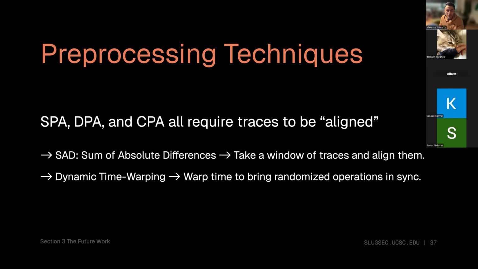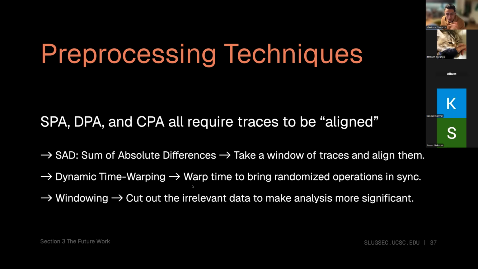In which case, a lot of that data becomes spaced out and it becomes very difficult to align everything together. So what we can do is mathematically warp time such that all the interesting data that we want to analyze is aligned to single spots in time, which then allows us to perform the rest of the techniques. So when it comes to dealing with randomized timing and randomized delay, dynamic time warping is what you're going to be looking at. And finally, windowing.